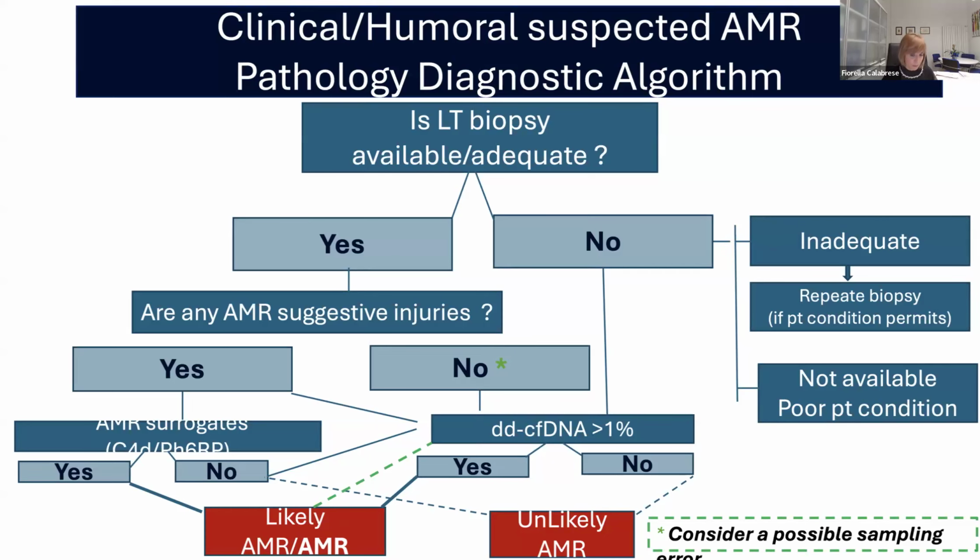Why? Because in the biopsy, we know we could have a sampling error. And in this case, again, donor-derived cell-free DNA can help significantly in the diagnostic algorithm. If the biopsy is inadequate, obviously we strongly suggest to repeat the biopsy if patient condition permits.